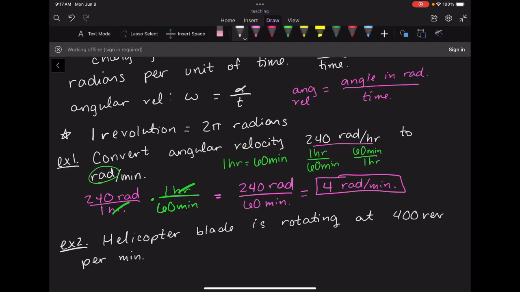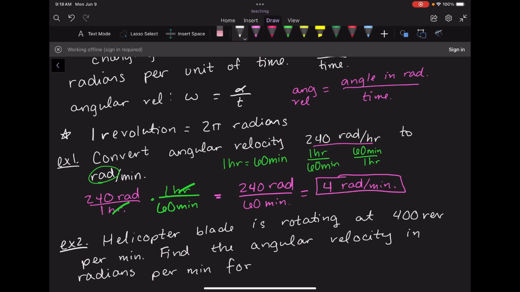Find the angular velocity in radians per minute for a point on the tip of the blade.